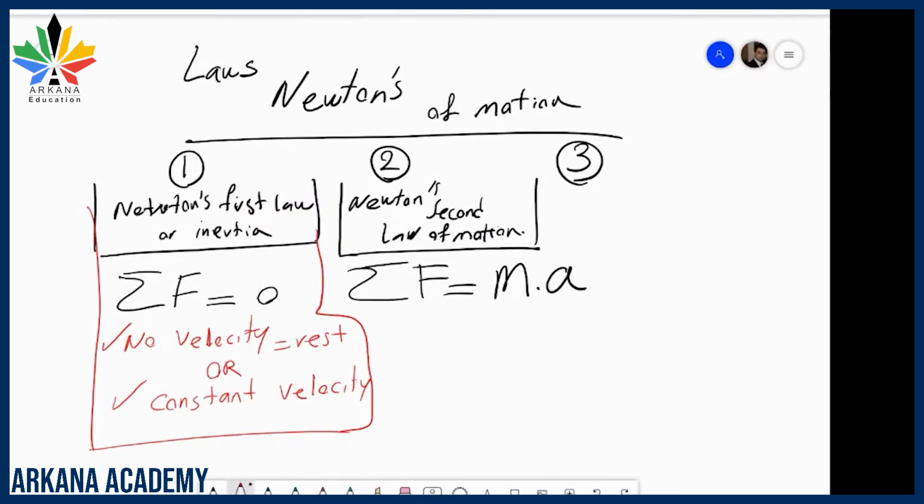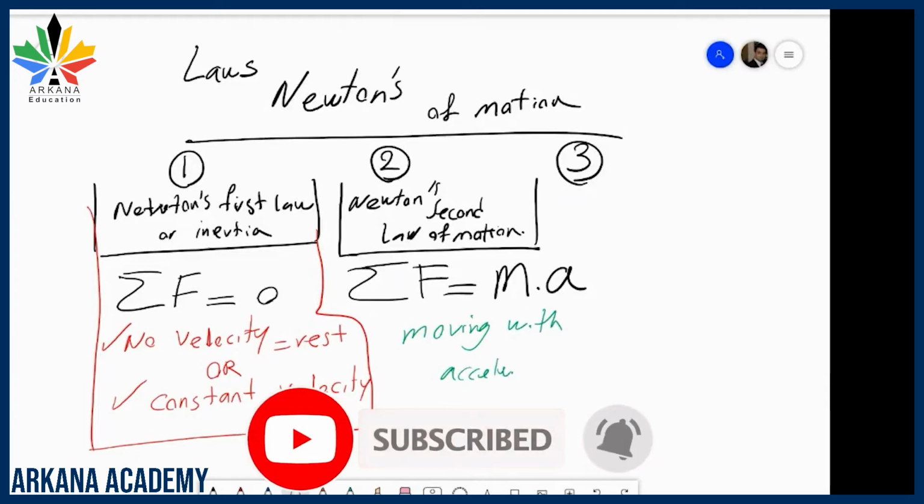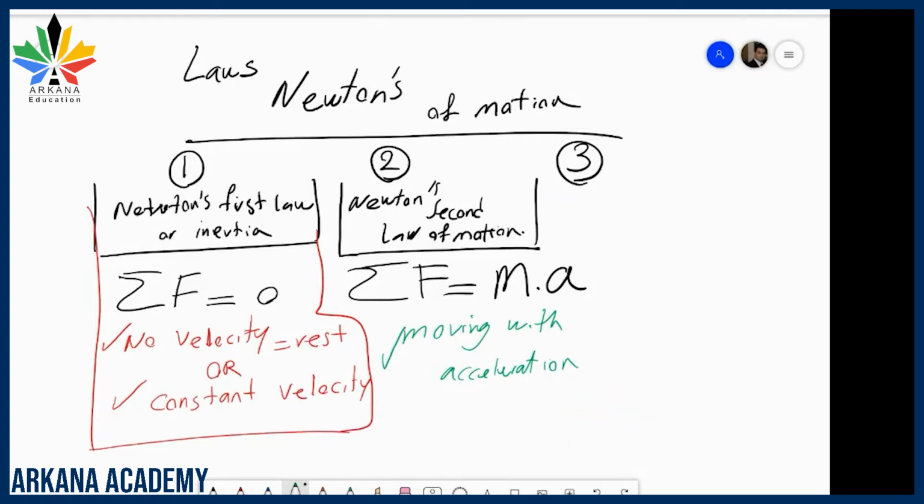And in the other case, when you hear the object is moving with an acceleration, just like the recent example we did together, in that case, right away you can conclude that the situation falls under Newton's second law of motion. So when you hear things about moving with acceleration, acceleration could be positive, could be negative, but in both cases it's considered to be an acceleration.